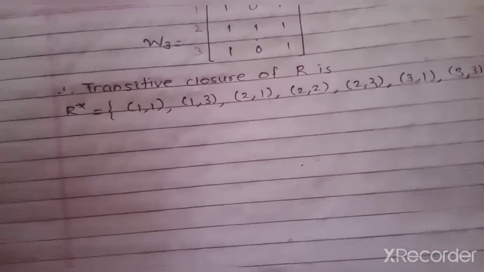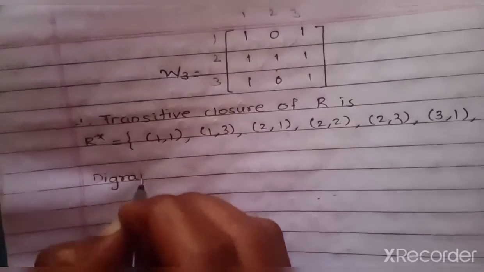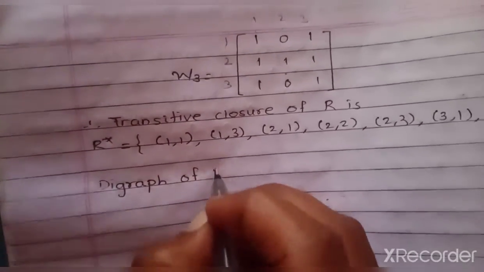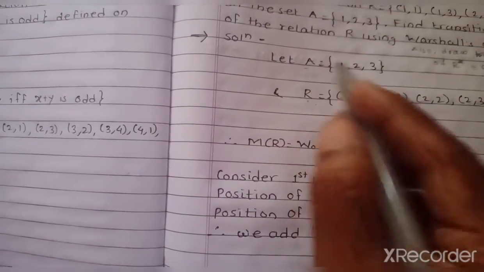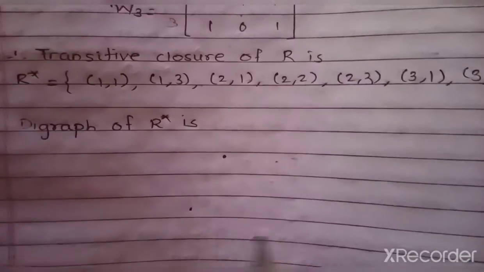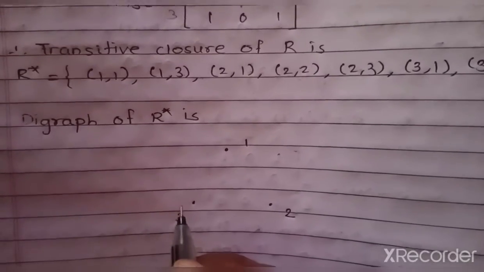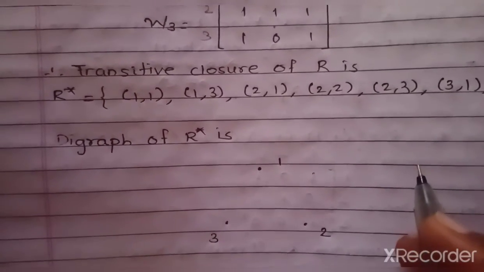In our next step, we have to write down the diagram of R star. See here, again R is defined on set A, which contains 3 elements, so we plot these 3 elements at any position. Suppose I take it in this manner: this is our 1, 2 and 3. Next, check which entries are contained here.